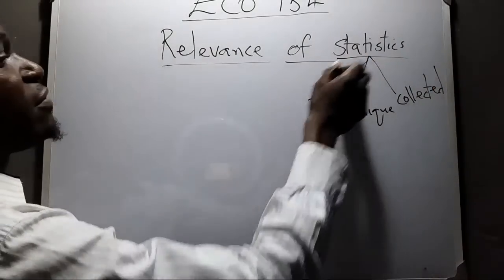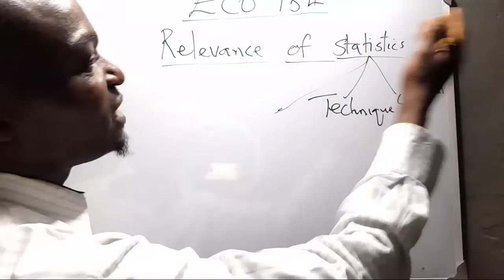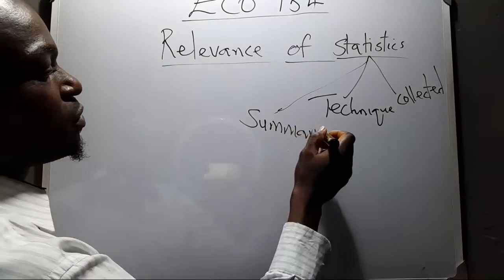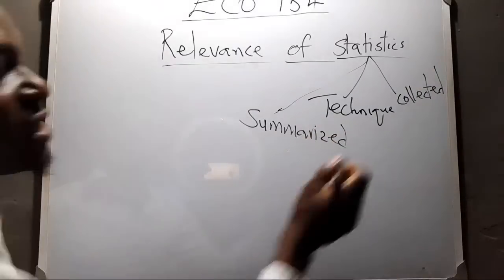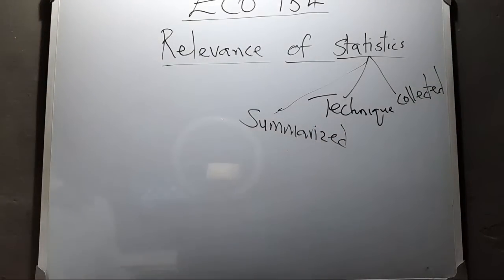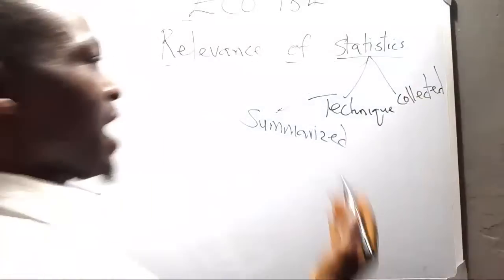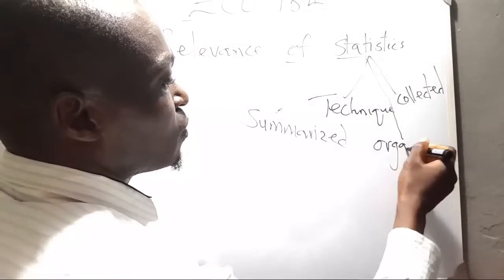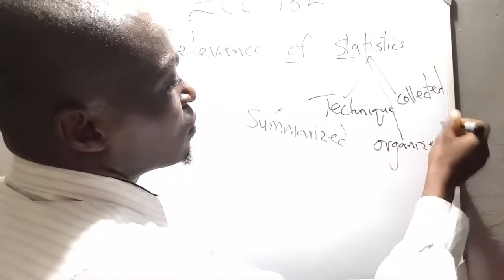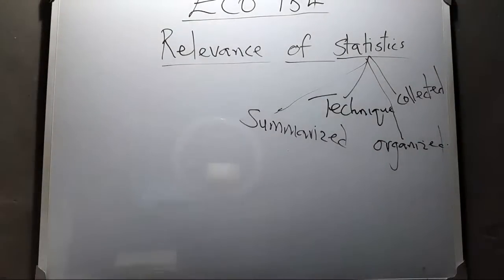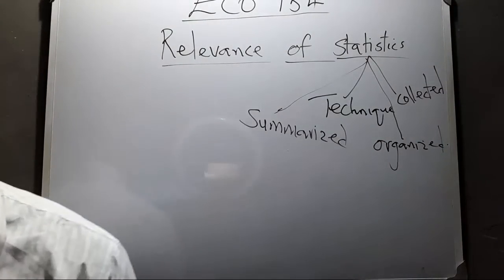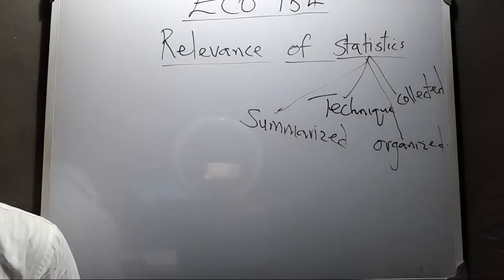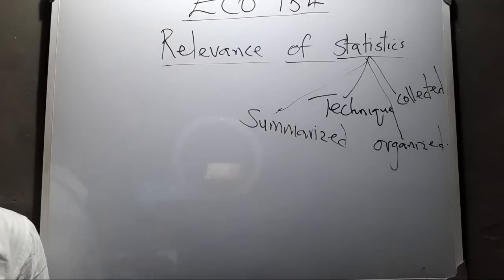Again, we have techniques by which data are summarized, and at the same time, technique by which data are organized and presented for the purpose of making a reasonable and a valid decision.